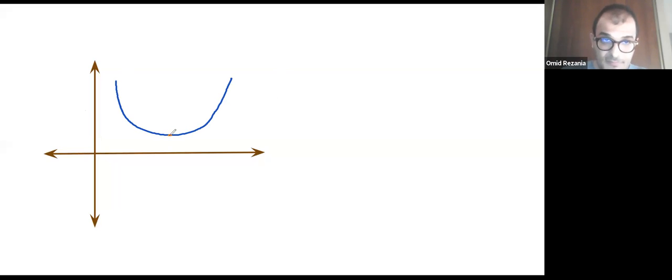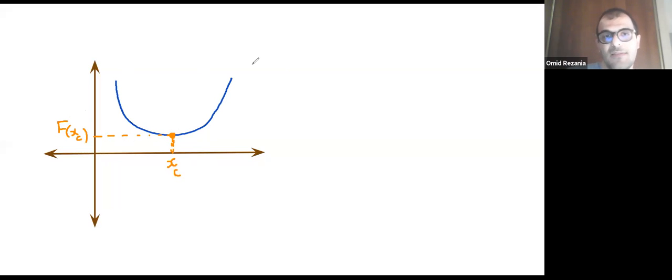And you can think of this point as a critical point. We know how to find these critical points. I call that x_c, where c stands for critical, and it becomes f(x_c).